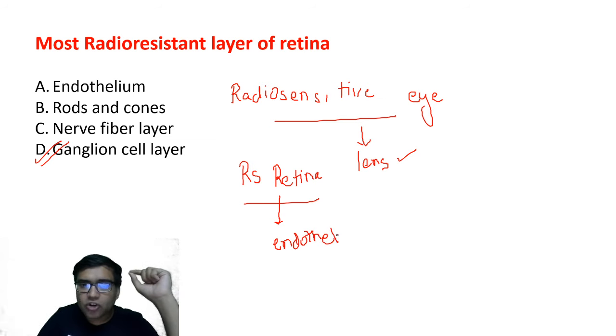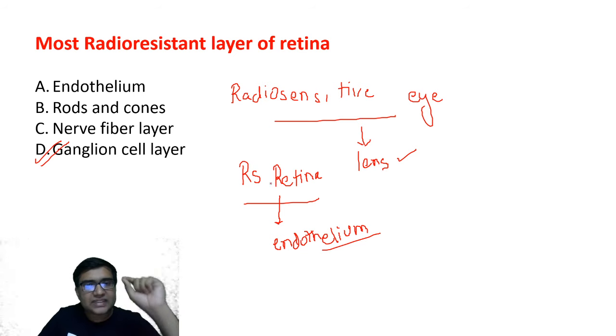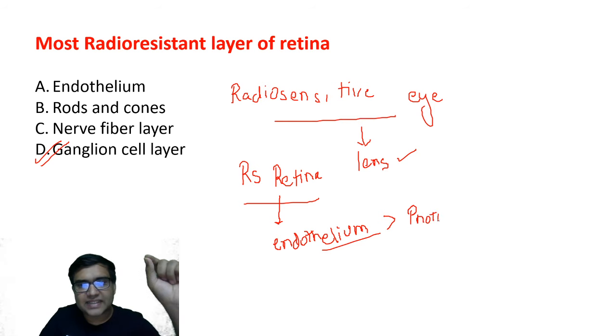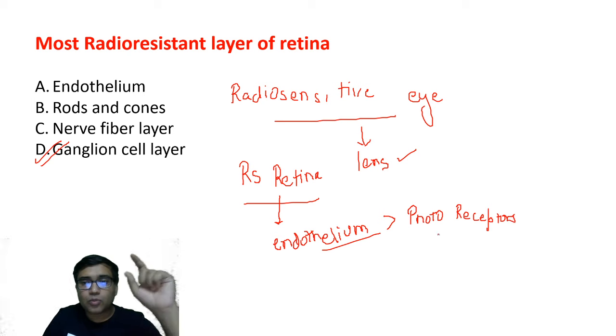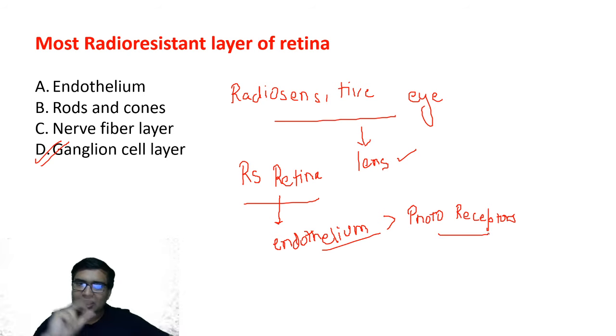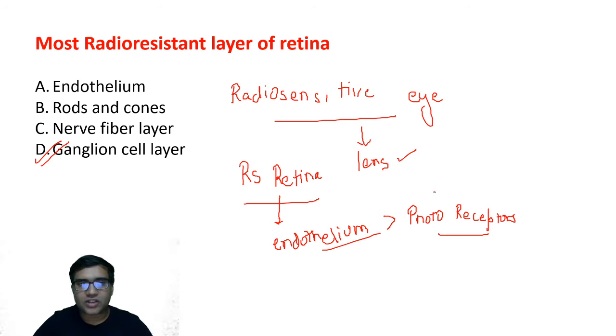But they are not present in one specific layer; they are present between the outer plexiform and inner nuclear layers. If the endothelium is not given, then the answer is photoreceptors, that is the rods and cones. So the most radio sensitive part of the retina is the endothelium. If not given in the options, then go for rods and cones.